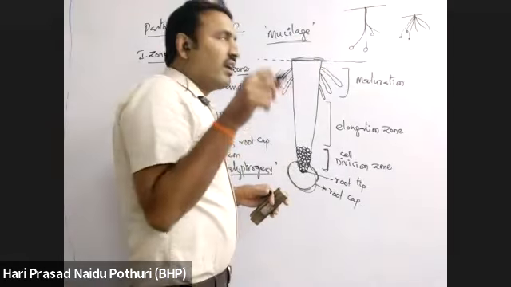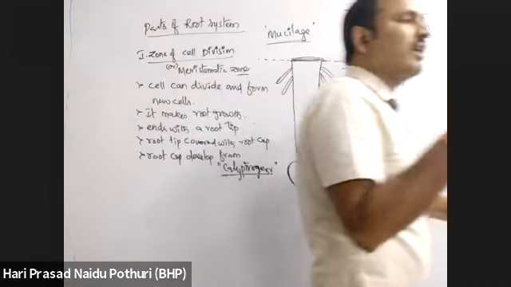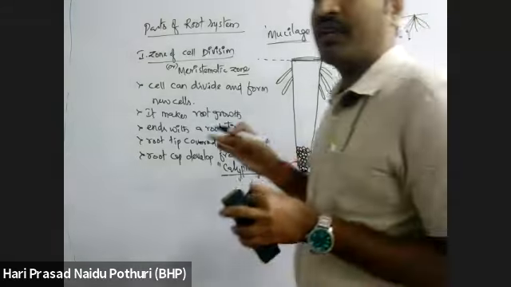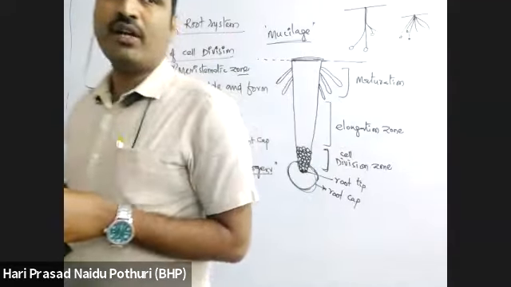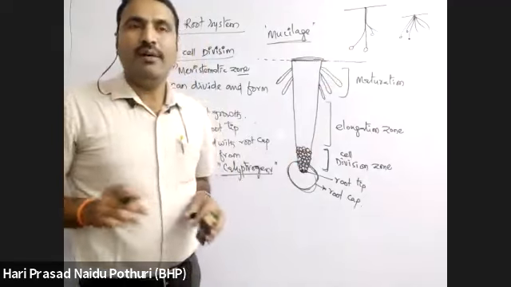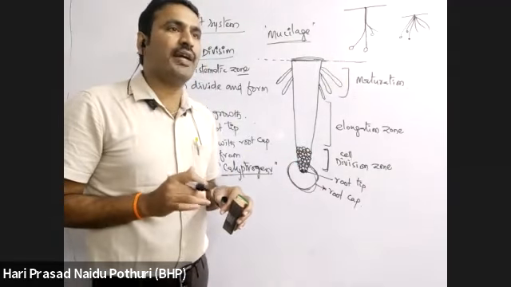But the plants which live on soil are called mesophytes. Plants which live in water are called hydrophytes. This root cap is better developed in mesophytes than in hydrophytes. Why?